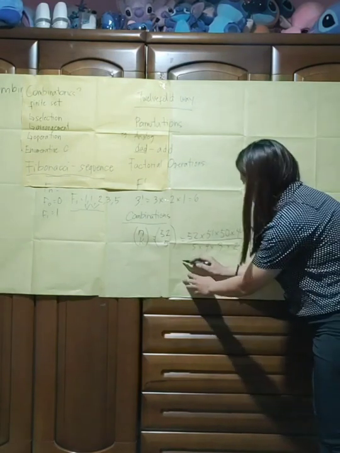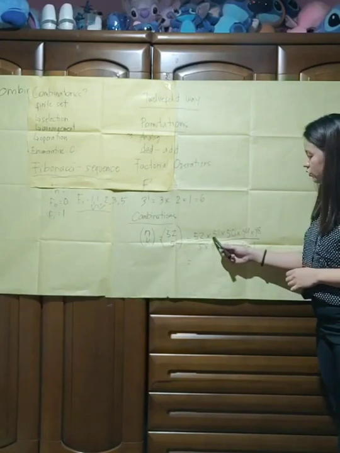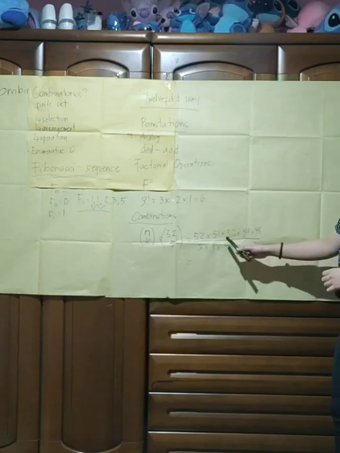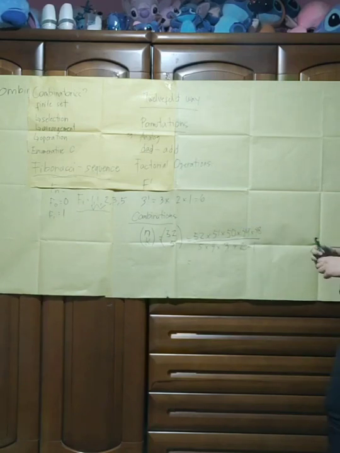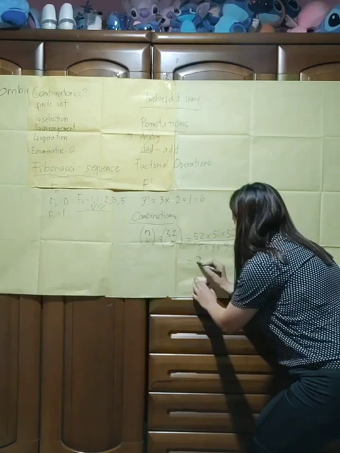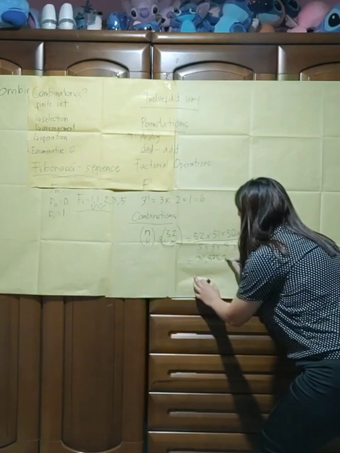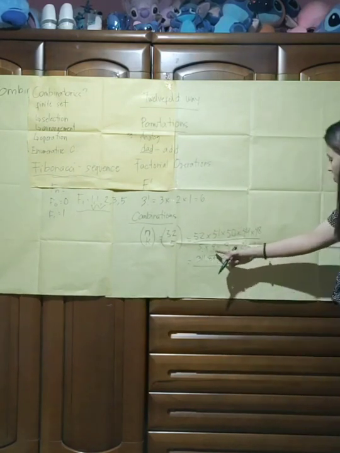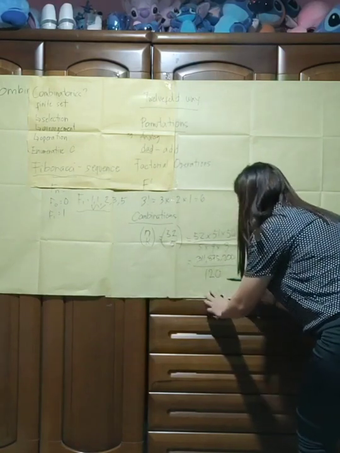So 52 times 51 is 2,652, times 50 is 132,600, times 49 is 6,497,400, times 48 is 311,875,200, over 5 times 4 times 3 times 2 times 1, which is 120.